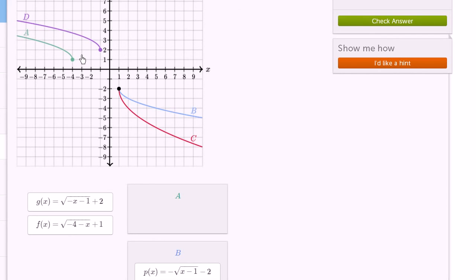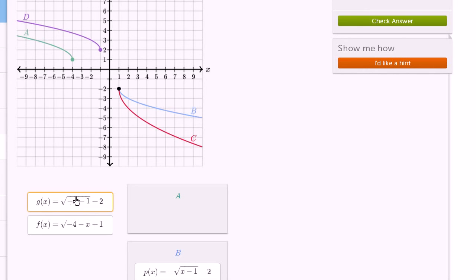That's why whatever we have under the radical, we've essentially taken the negative of it. And we could figure out which ones these are just by looking at how much they've been shifted in the y direction relative to the square root of x, which would look something like that. This one has been shifted up by 2. D has been shifted up by 2. This one over here, g of x, has been shifted up by 2.